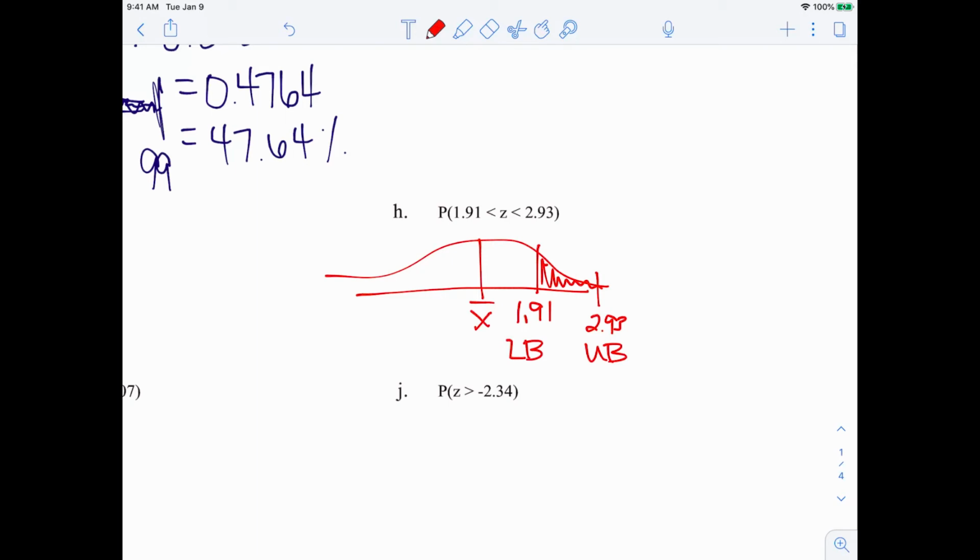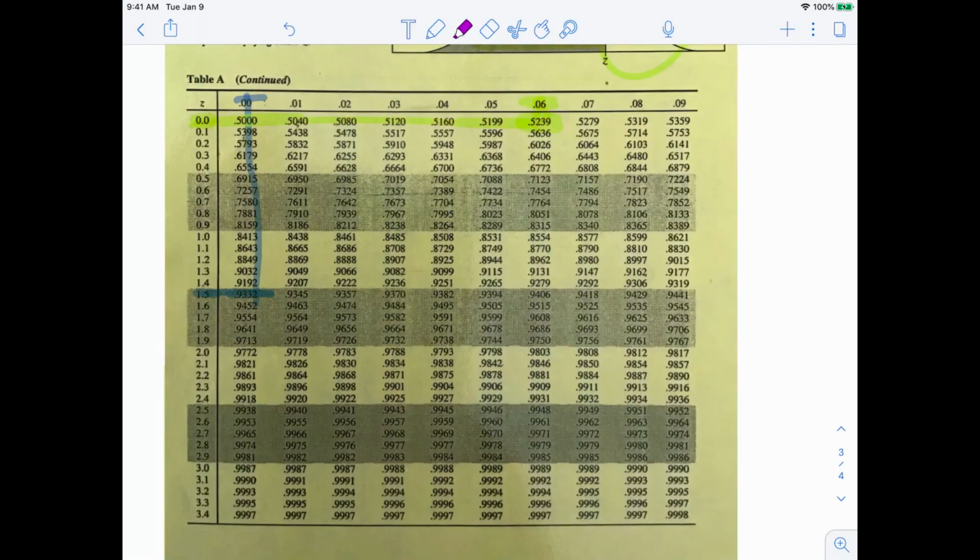If we use the table, I'm going to look up both 1.91 and 2.93, and then I would subtract them. I'm going to look up 2.93 first. So here's 2.9, last one is 3, so I go down, I go over, and I find out that it's 0.9983. And then the other one is 1.91, so I look for 1.9 and then 1, and I get 0.9719.